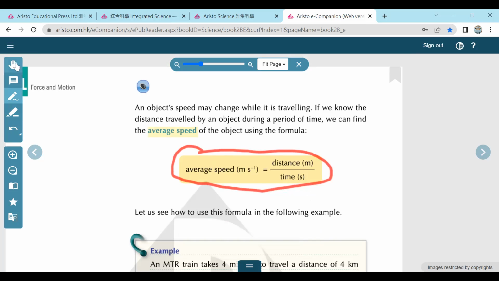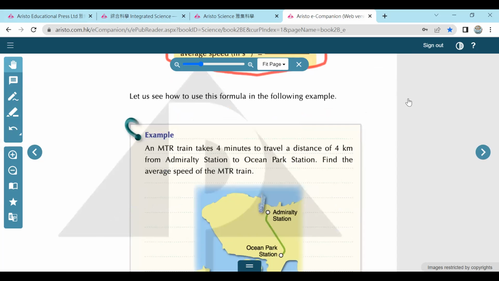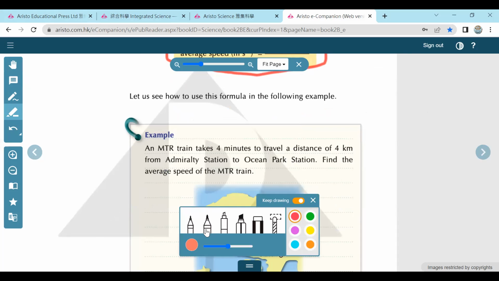Let us see how to use this formula in the following example. An MTR train takes 4 minutes to travel a distance of 4 kilometers from the Admiralty Station to Ocean Park Station. Find the average speed of the MTR train. You can see that the time you need is 4 minutes, and the distance is 4 kilometers.